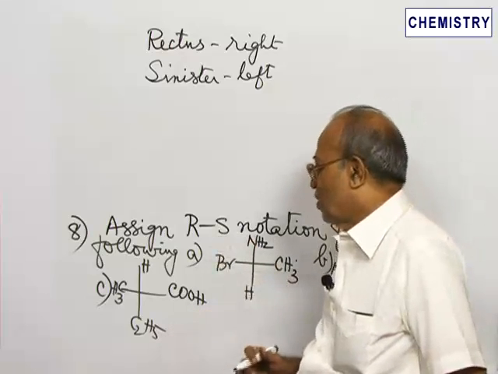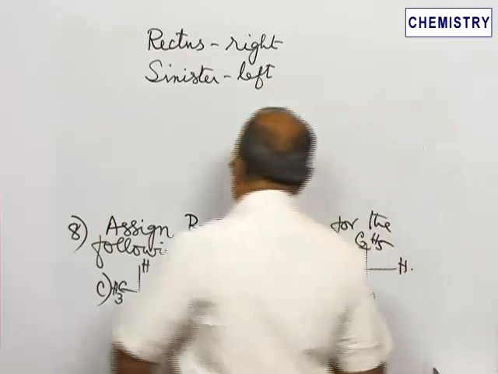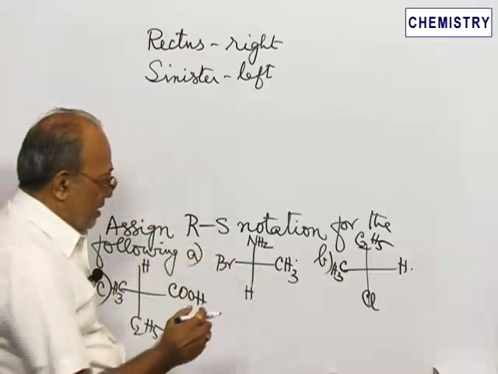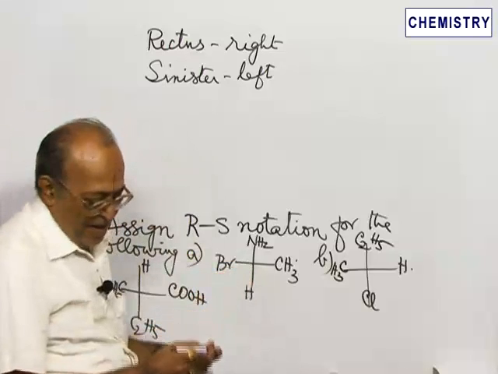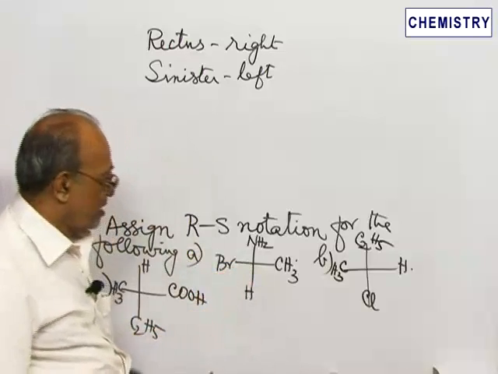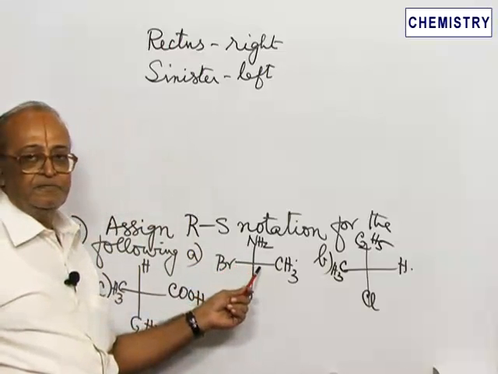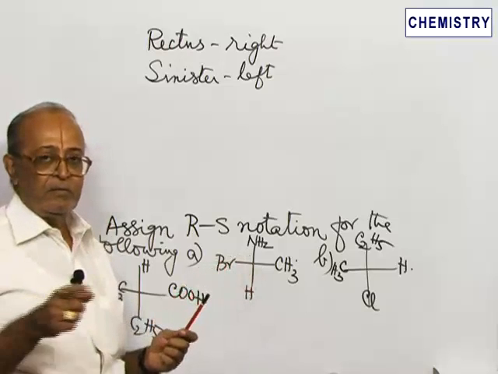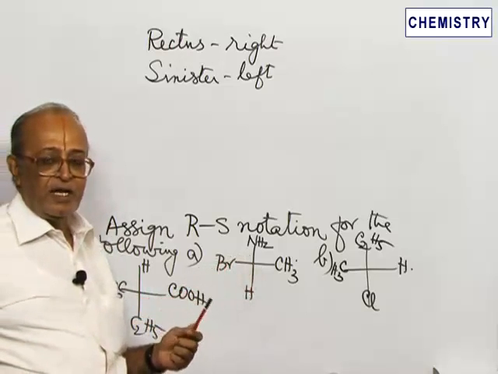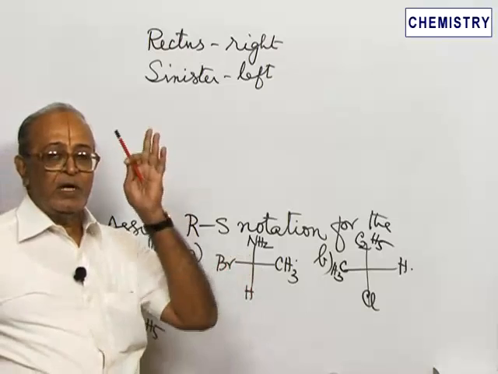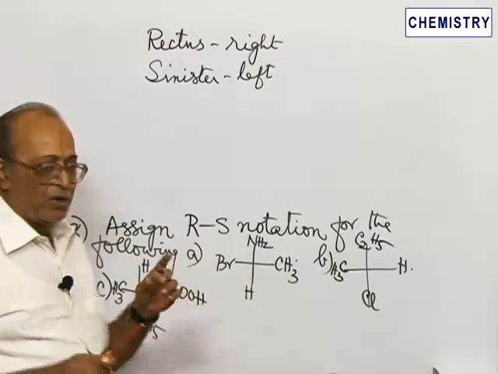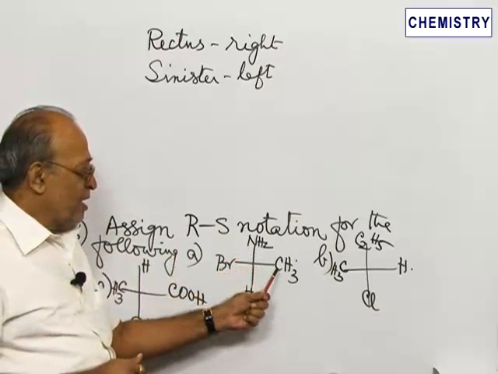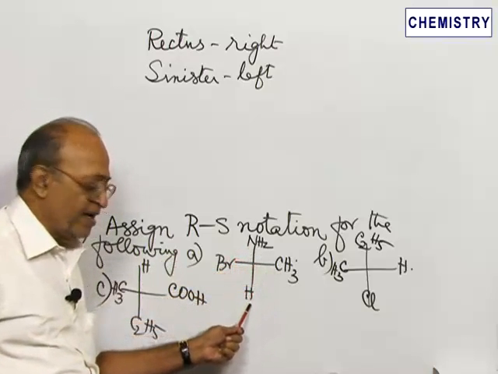Now here also what you have to do is, let us first of all consider A. Here this is the asymmetric carbon atom or chiral center. Always it is better to bring that particular atom having the lowest priority to the bottom. You can notice bromine, nitrogen, carbon and here hydrogen.